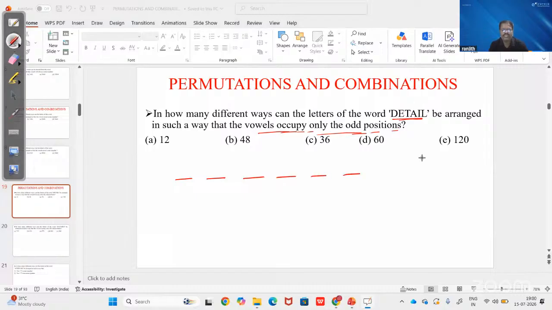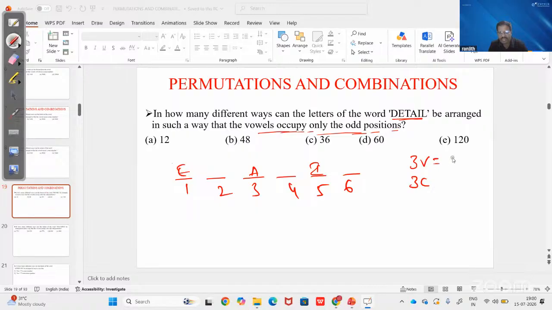How many vowels? 3 vowels and 3 consonants. The 3 vowels occupy odd positions. So it may be E, A, I, or else A, E, I, anything.